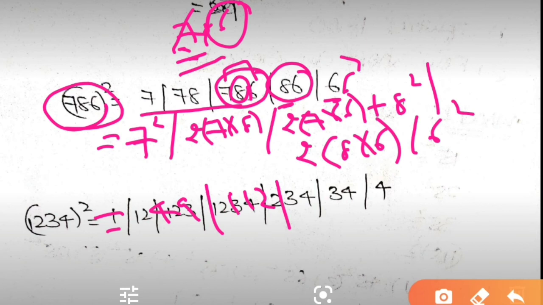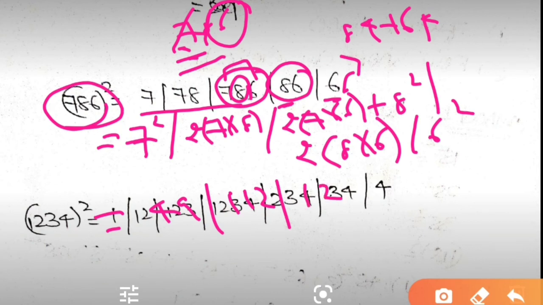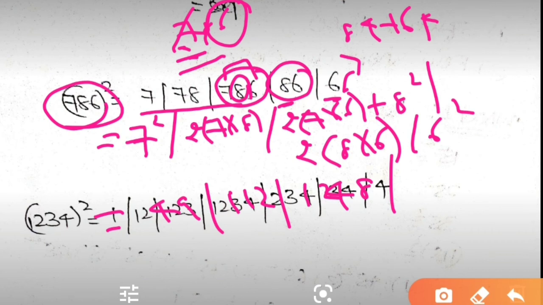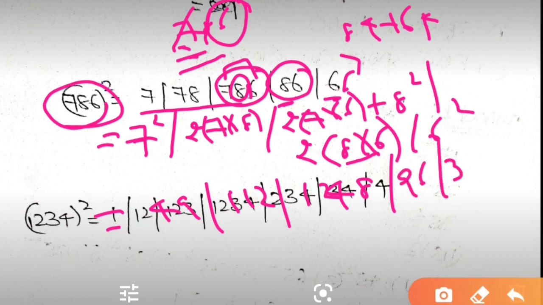This is 42, this is 84 plus 64. This is nothing but 120, 148. So here 86, 8 into 6 is 48, 2 into that is 96, here we will get 36.